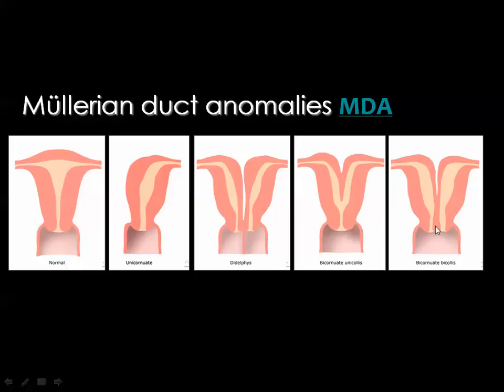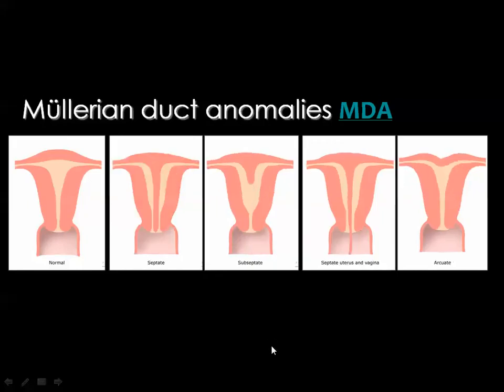But here there is some fusion between the uterine corpus on the left and on the right, but each one has its own endometrial cavity. And this is what we call the septate uterus, where the configuration of the uterus is maintained, but the cavity is septated.